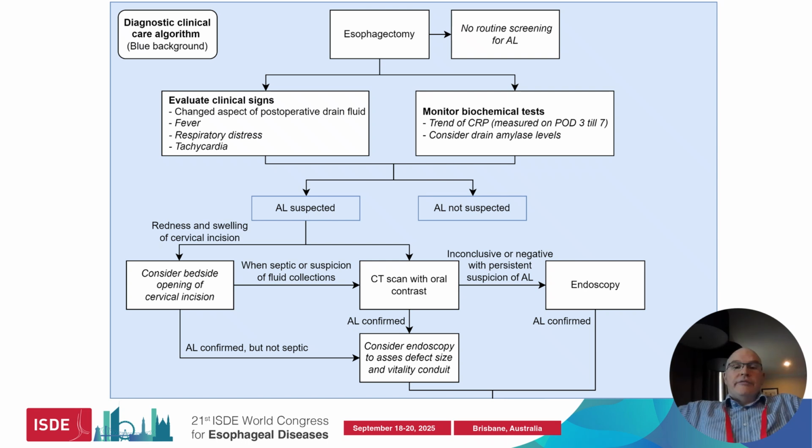We need to monitor for clinical signs, monitor the CRP, consider drain amylase assessment, and if there is an anastomotic leak suspected, get a CT scan with oral contrast and an endoscopy if either the CT is inconclusive or the anastomotic leak is confirmed to aid in assessment of treatment.